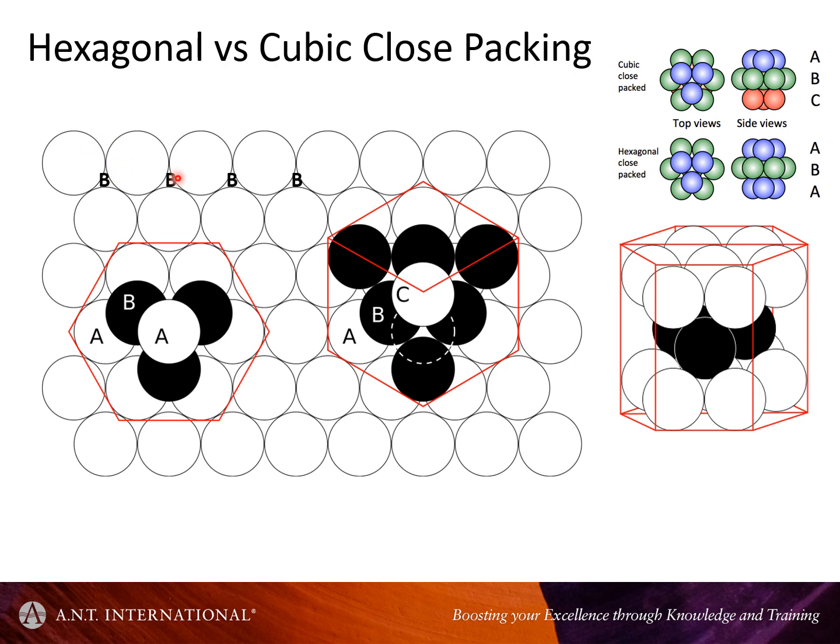Where can I put my next layer of atoms if I'm stacking this up into some three-dimensional shape or structure? I can put my next layer of atoms here, or I can put them here. So let's call the second layer the B layer and call the first layer the A layer. I could have had my next layer positioned here or here.